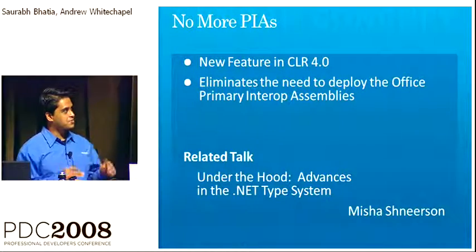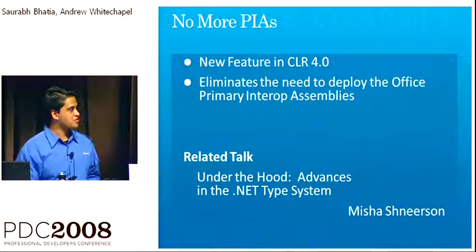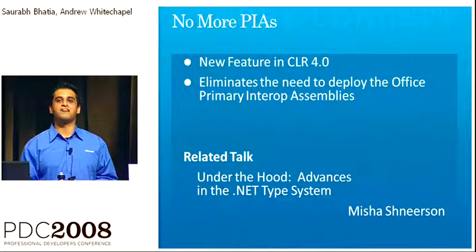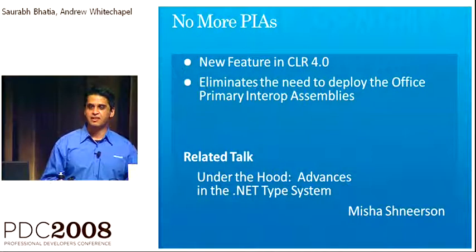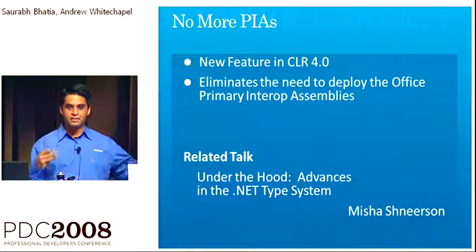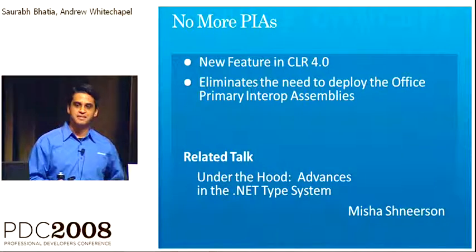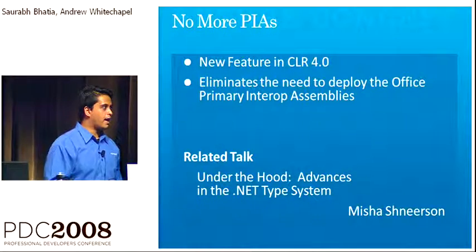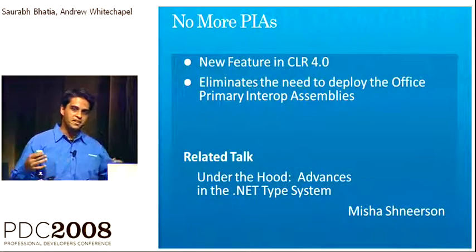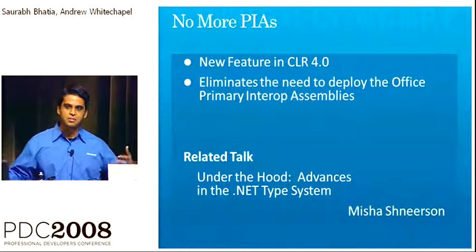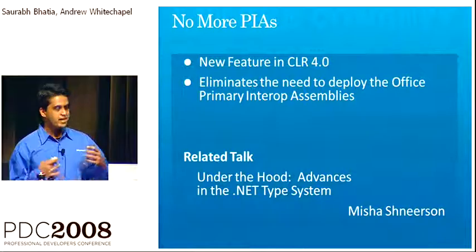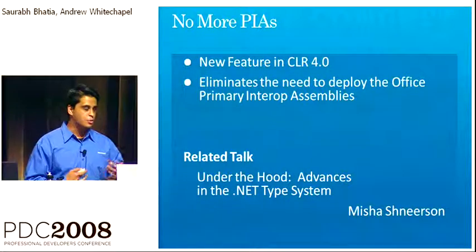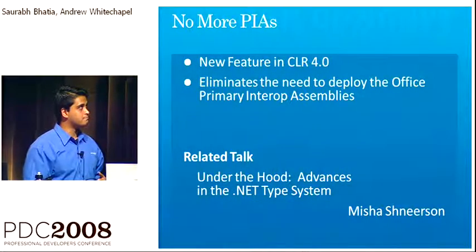The impact of this is so widespread that Misha Shneerson, who I'm not sure is here right now, gave a whole other talk about advances in the .NET type system to enable the feature itself. I think VSTO is sort of the first consumer of this feature, where we see this impact very directly. So what is this feature all about?